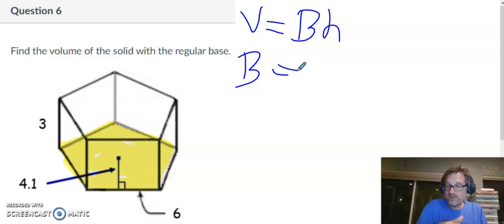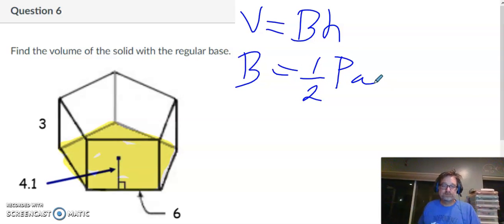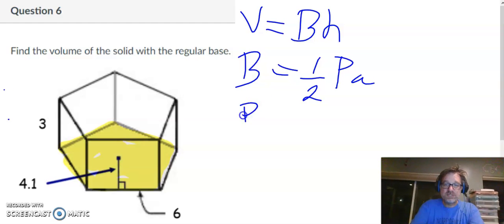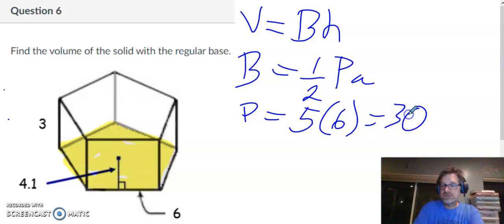So to find the area of any pentagon, I am going to do 1/2 perimeter of the pentagon times the apothem. So perimeter is the length of all the sides added together. So it's going to be 6 plus 6 plus 6 plus 6 plus 6. Another way of saying that is 5 times 6, which is 30.